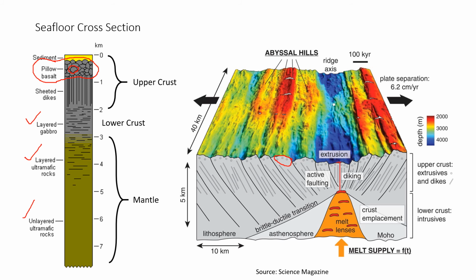And then in the very upper portion of this theoretical cross-section, the pillow basalt is itself covered up, overlain by marine sediments that are covering up the pillow basalt, covering up the crystalline rock like a snowfall.